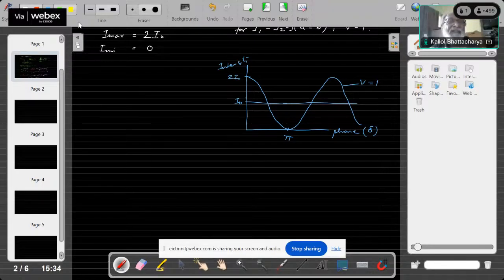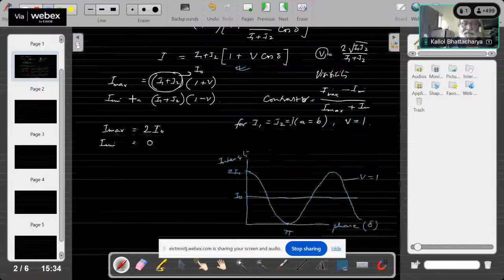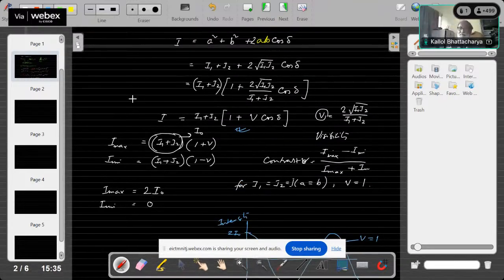What happens when V is not equal to 1? If you look at this expression, the value of V can change between 0 and 1. This is a fraction, always a fraction.